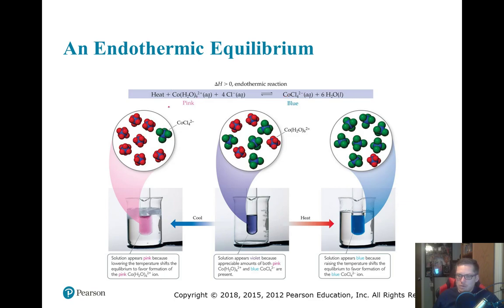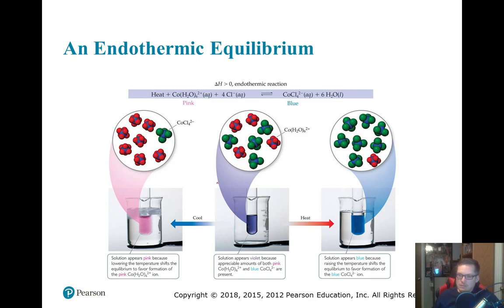If you heat this up, that means you're adding a reactant, so the forward reaction speeds up and you shift to a blue color. In the middle, it's kind of a purple color, and adding heat will make that mixture shift towards the right, so you get this nice blue.